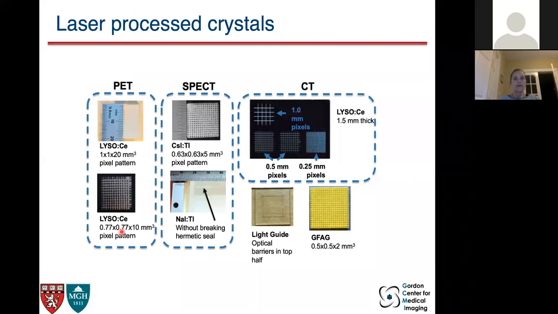And this slide just shows that we can do this for a lot of different crystals. It's a very material-dependent technique, so we would need to optimize the procedure for any material. But you can see here that we can do pixelated arrays that can be used as an alternative to having mechanically pixelated arrays.